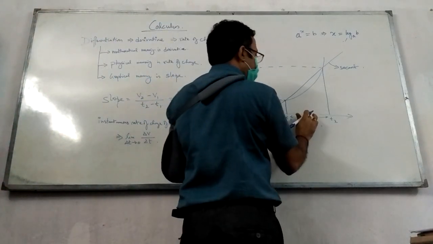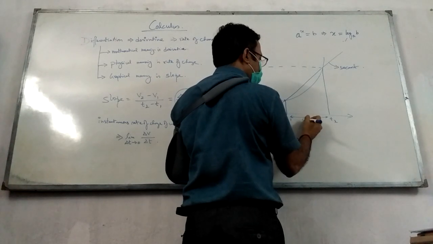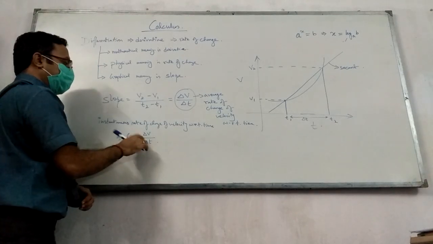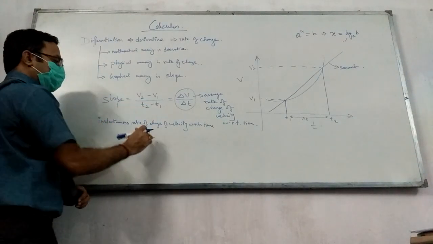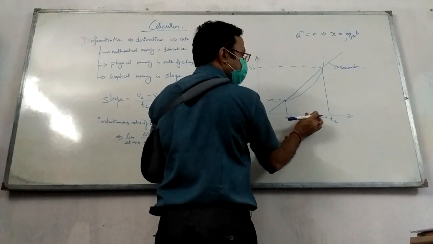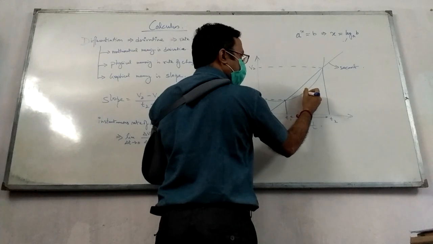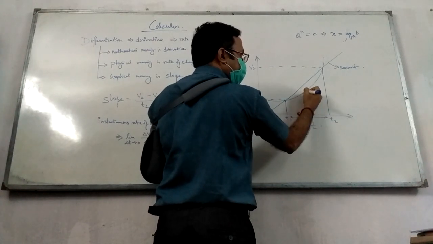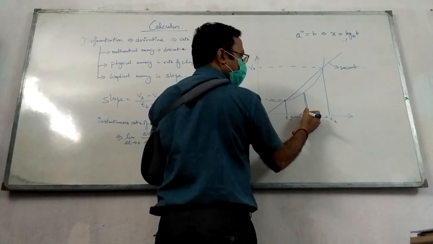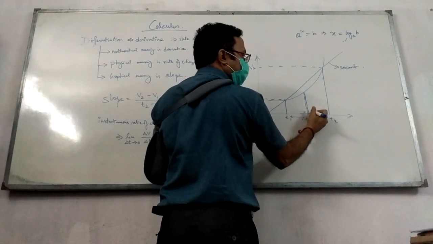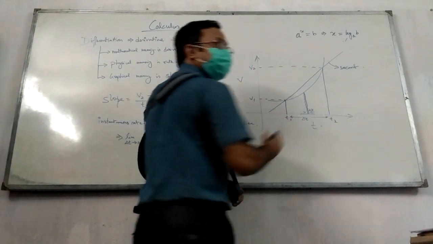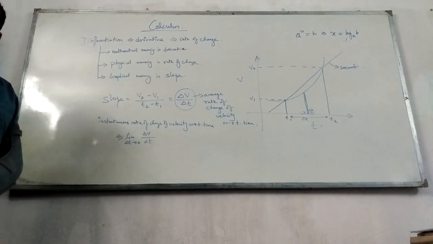We cannot take delta t as exactly zero, otherwise it will become undefined. So we decrease delta t, come to this point and take a very small difference, a small amount of change in time, dt.